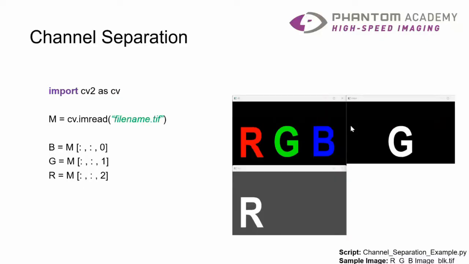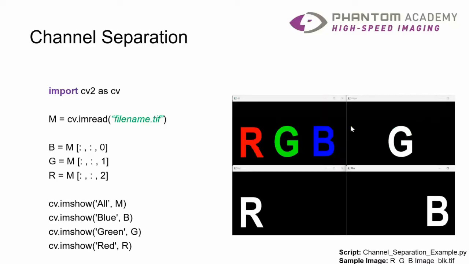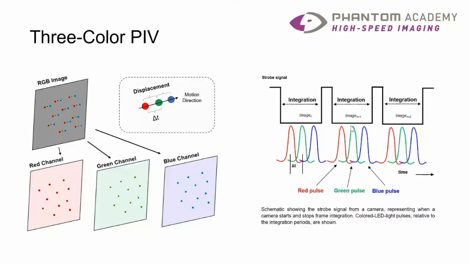Okay, so why would you ever want to do something like a channel separation? One really neat application that we work with is something called 3-color PIV, where users hit particles with pulse lasers that shoot pulses of red, green, and blue.